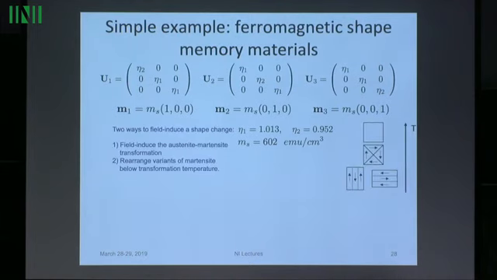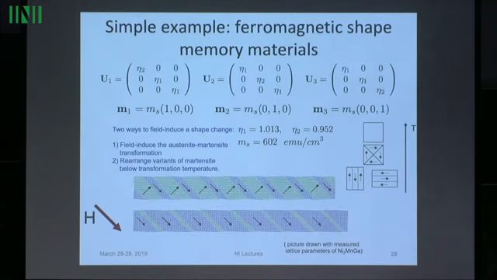Okay, so for example, here's a real case, a nickel manganese gallium alloy, and there's the picture of the domain structure with realistic lattice parameters in the Martensite phase. That's a layered structure, and you're looking in the deformed configuration. So my point is that these vectors are on the exact energy wells. In fact, these vectors point in certain particular crystallographic directions.